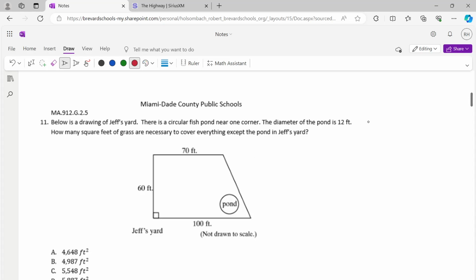So that's area of the trapezoid minus area of the pond equals area of the sodded. So this trapezoid, and this is on your reference sheet, the area of the trapezoid is equal to 0.5 times the height of the trapezoid, which is 60, times base 1 plus base 2, and that's 70 plus 100.